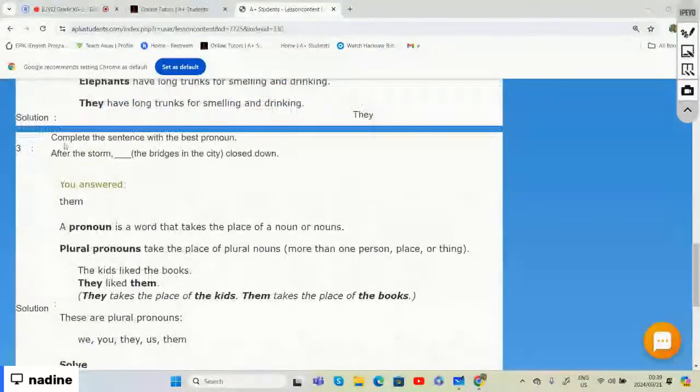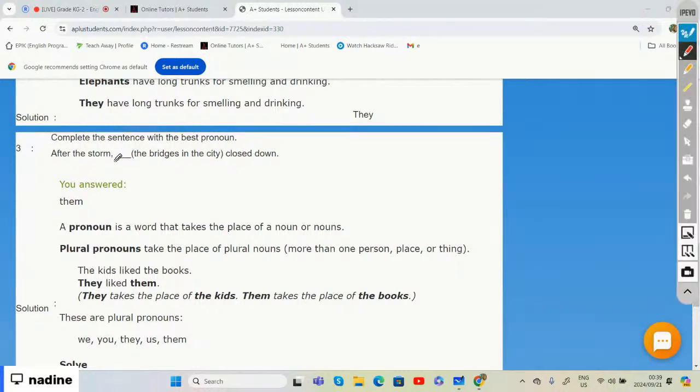So after the storm, the bridges in the city closed down. So the bridges in the city, do we say they closed down, or do we say them closed down?